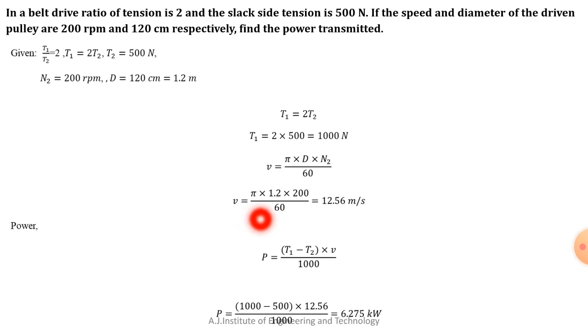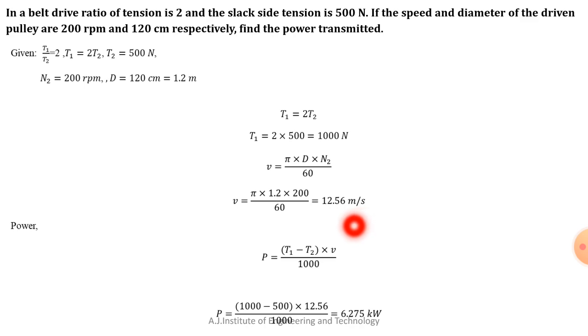V equal to pi into d, so d is nothing but 1.2 meter. You have to substitute in this equation always in meter. 1.2 into 200, the N2 value is given, that is speed of rotation of driven, divided by 60. So we'll get velocity as 12.56 meter per second. So the unit of velocity is meter per second.